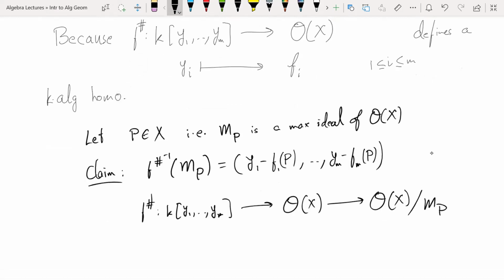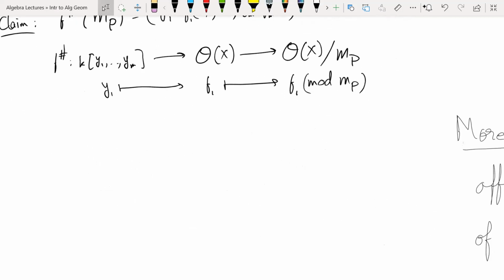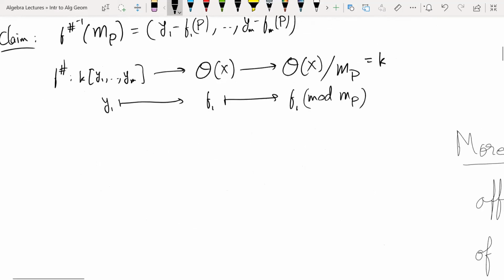Where does y1 go? Y1 goes to f1, and f1 goes to f1 mod mp, mod this maximal ideal. And this is some element of, since we are over an algebraically closed field, this is going to be the same as k, some element of k.